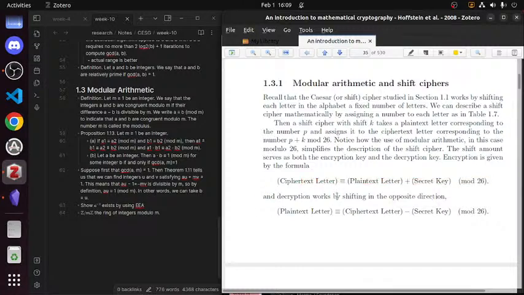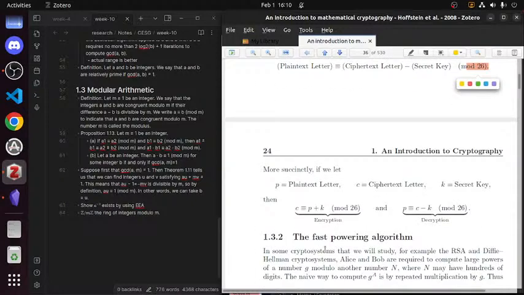And then decryption is you take the plain text that you want to get, and that's going to equal the ciphertext that you have, minus this key that hopefully was given to you, mod 26.